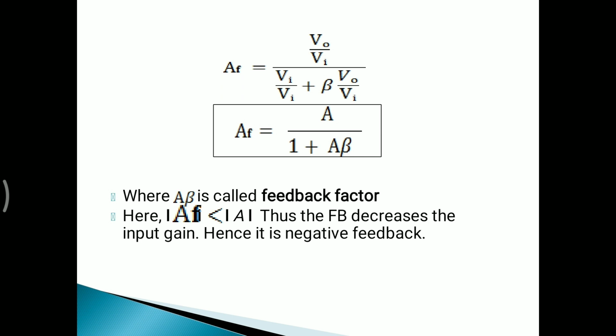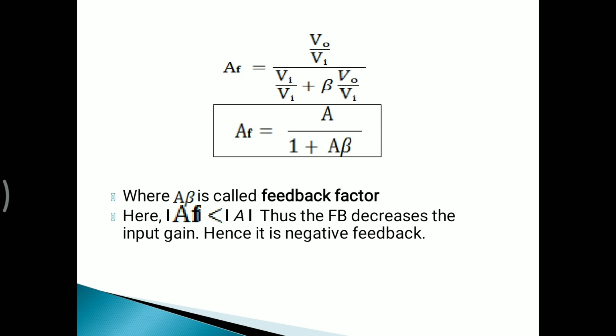Again output by input gives the gain of the amplifier. Therefore the equation AF equals A by 1 plus A beta is the gain of the negative feedback amplifier, where A into beta is called the feedback factor and beta alone is called the feedback fraction.